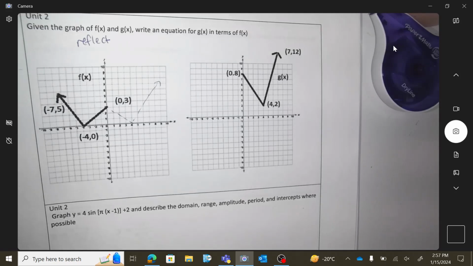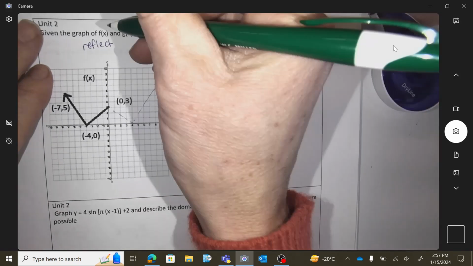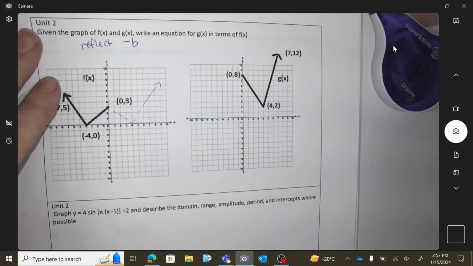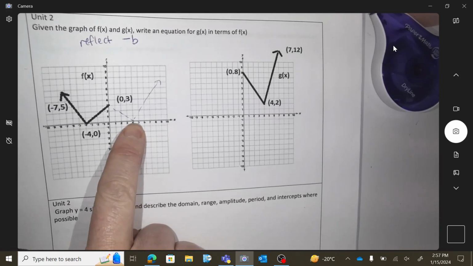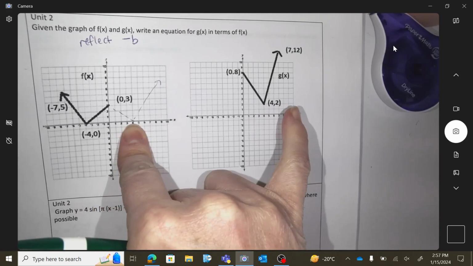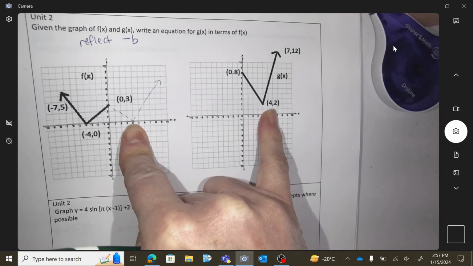What kind of reflection is that? Do I want to put the negative on the A or the B? That would make a negative with the B, so I have to think about that. Okay, look at mine. Do you see any other things?